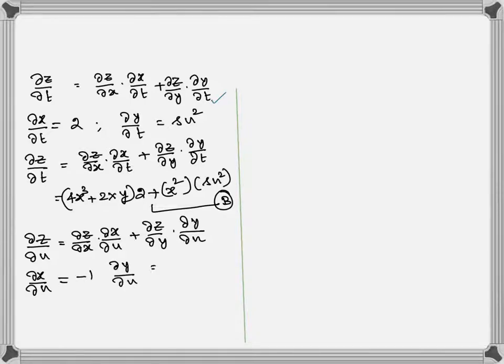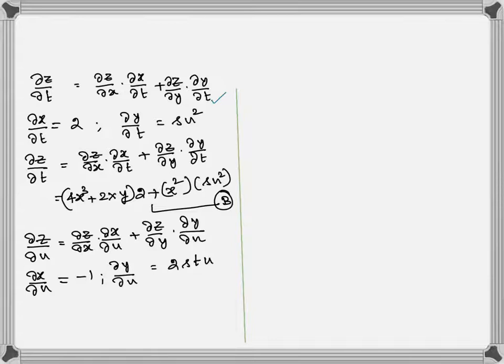Same way, dou y by dou u is 2stu, because we are given y equal to stu squared. Then we are differentiating that partially with respect to u. So s and t become constants, and it is the derivative of u squared, which is 2u.